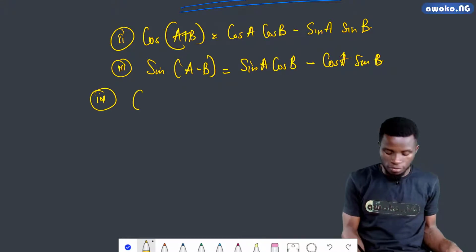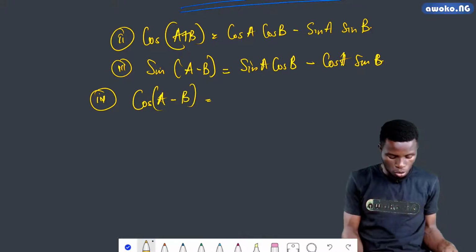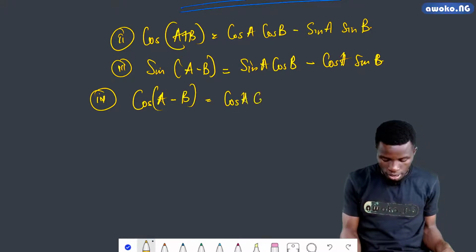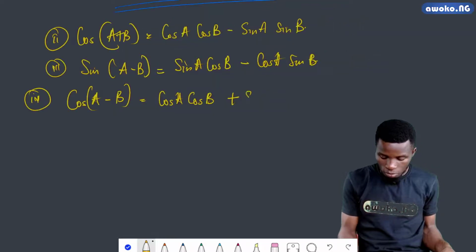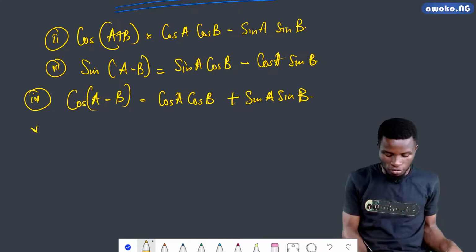We have cos A minus B, which will be equal to cos A cos B plus sine A sine B. Right?